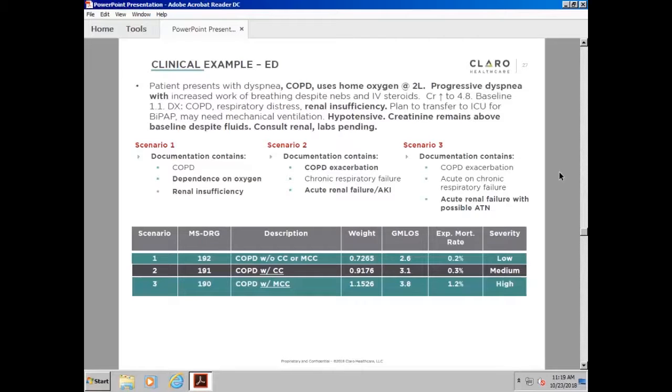But you set the stage, and that's some good ED documentation. Even the COPD exacerbation, maybe the renal failure, I suspect renal failure in the differentials, we could even have supported that this patient should have been an inpatient from the beginning. That beginning COPD, dependence on oxygen, renal insufficiency doesn't buy a bed.